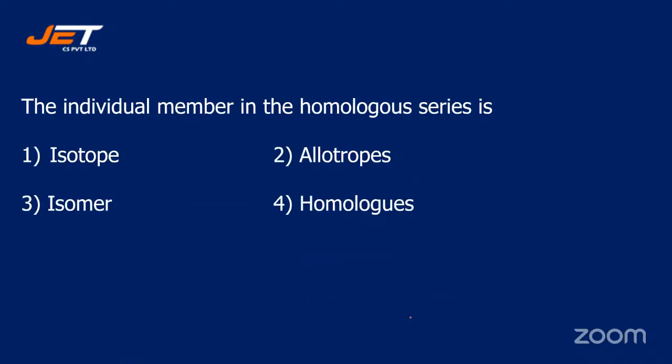The individual member in the homologous series is, and your options are number 1, isotope, option number 2, allotropes, option number 3, isomer, or option number 4, homologous? Students, if you have any queries, please write in the chat box in English because I cannot understand your native language.